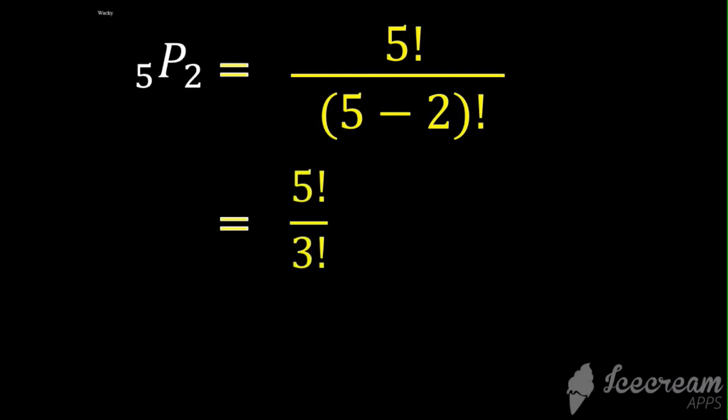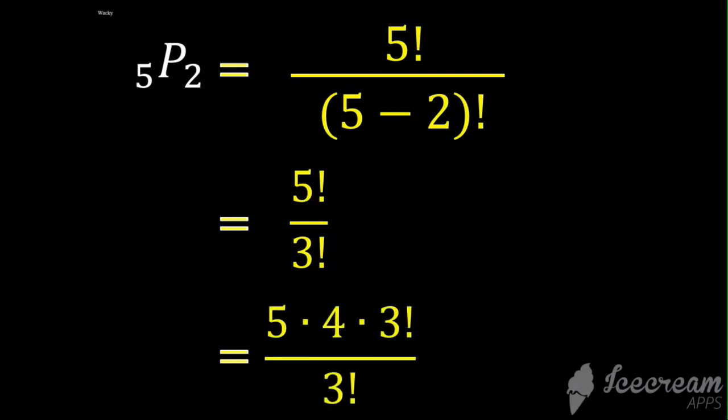So that is equal to 5 factorial divided by 3 factorial. 5 factorial is equal to 5 times 4 times, now we will stop at 3 because the denominator is 3 factorial. 5 times 4 times 3 factorial all over 3 factorial. So we can cancel 3 factorial. So 5 times 4 is equal to 20.